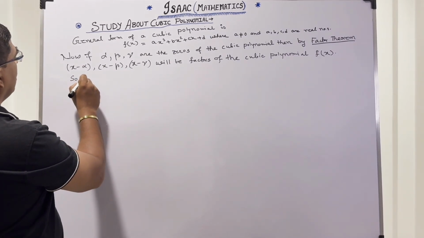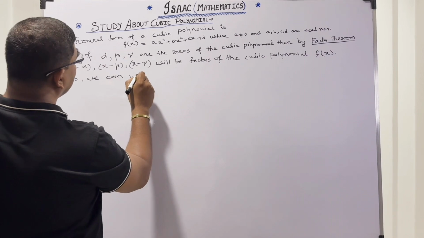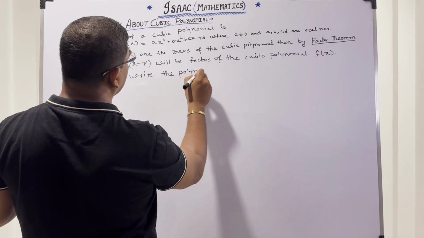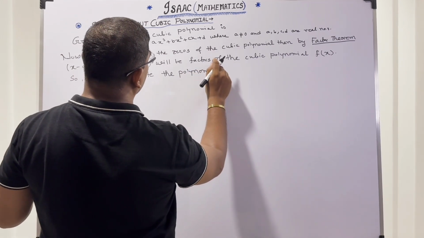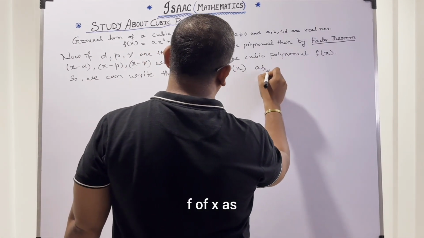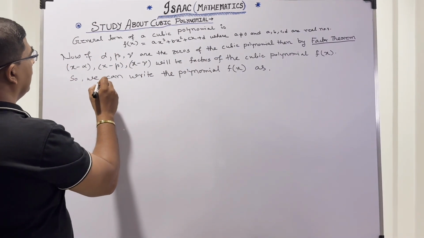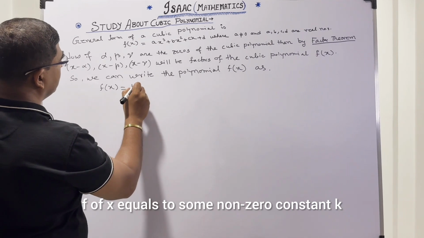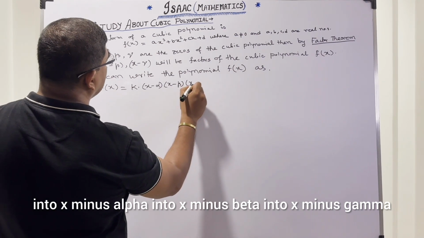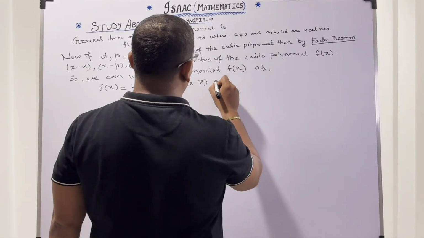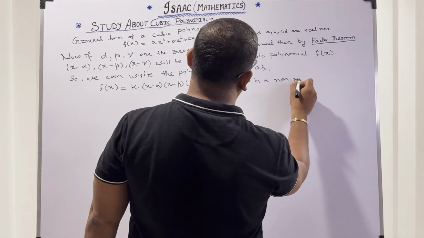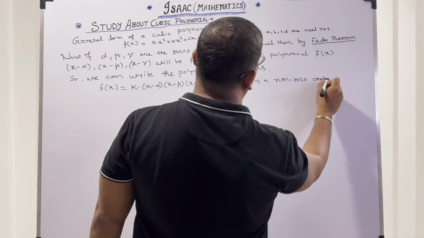So we can write the polynomial f of x as f of x equals to some non-zero constant k into x minus alpha into x minus beta into x minus gamma, where k is a non-zero constant.